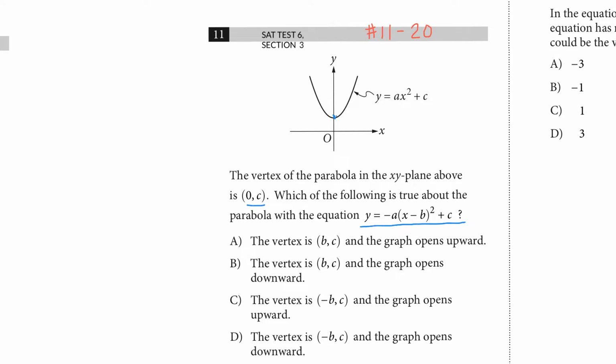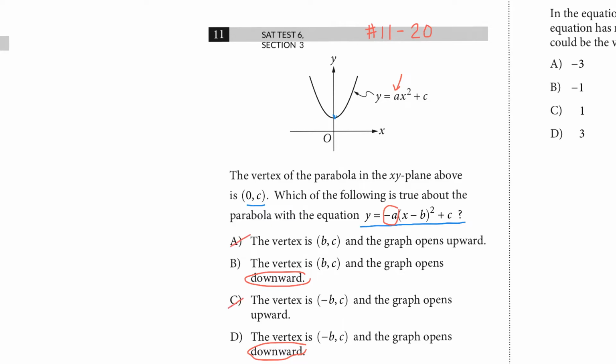Well, the negative a, if this one is a and this one opens up, that means that negative a is going to open downward. So we're looking for something that opens downward. So we can rule out answer A and answer C.